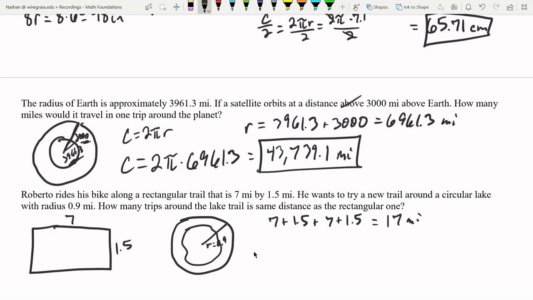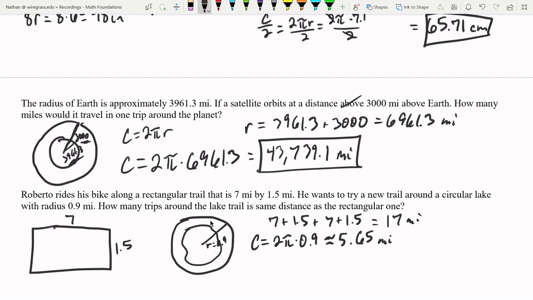For this one, the distance is going to be the circumference of the circle, so 2 pi times the radius of 0.9 miles. That's going to be 5.65 miles, and this is approximate.